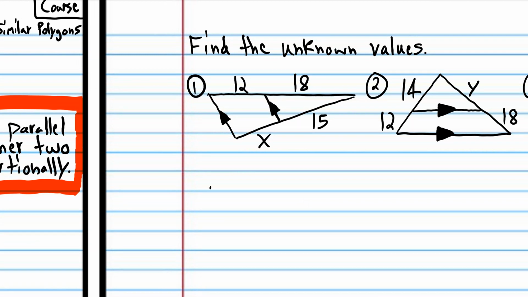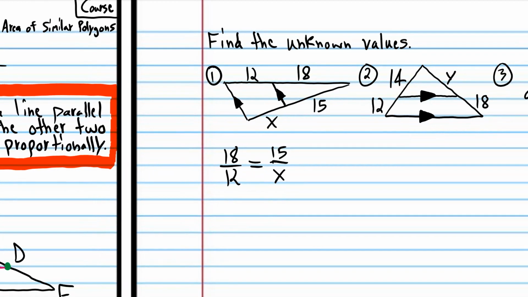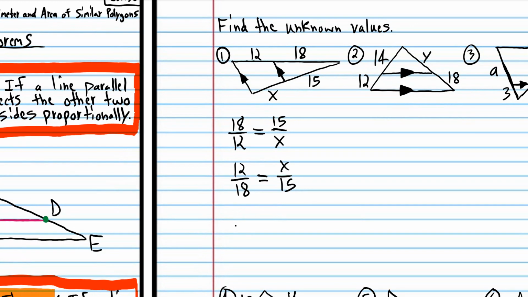So 18 over 12 is equal to 15 over x. You could also flip both of those and write 12 over 18 is equal to x over 15. That's okay too. But remember, if you write something like 18 over 12 is equal to x over 15, that's wrong. So just make sure you've got the right order.